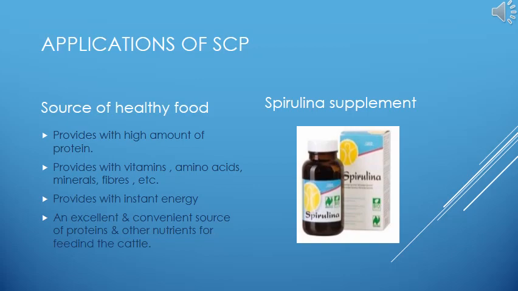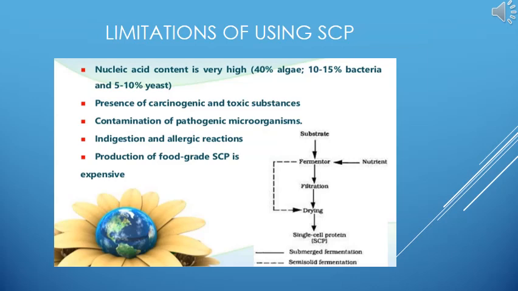Like any food, SCPs also have certain limitations. The nucleic acid content is very high, normally 40% if the SCP is formed by algae, 10 to 15% if formed from bacteria, and 5 to 10% in the case of yeast. So the highest content we get is from algae.